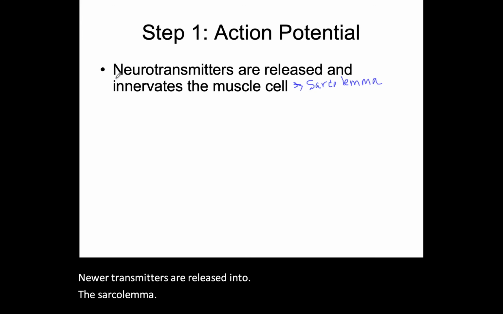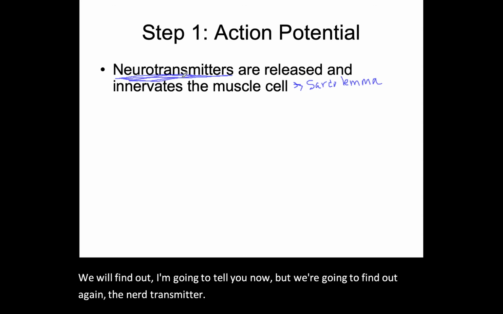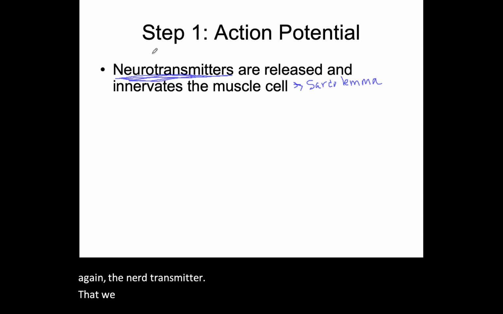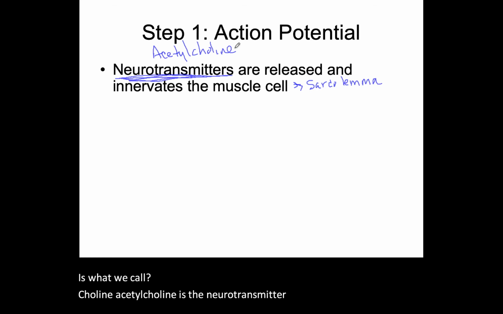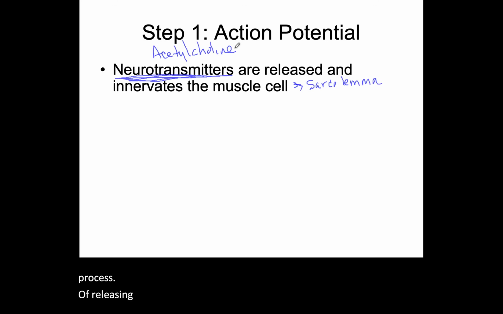I'm going to tell you now, but we're going to find out again, the neurotransmitter that we are dealing with here is what we call acetylcholine. Acetylcholine is the neurotransmitter that is going to initiate this process of releasing calcium. So neurotransmitter is going to be released into the sarcolemma.